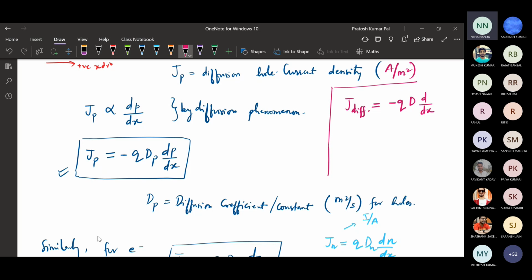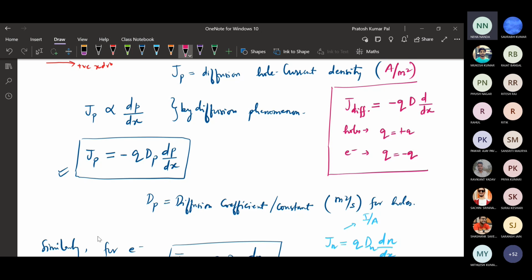And here, if this diffusion is because of the holes, this q will be replaced by plus q, and if it is because of electrons, this q will be replaced by minus q. So with respect to that we can put the value. For holes, here we will be putting p, and here also p, and this q will be replaced by plus q.